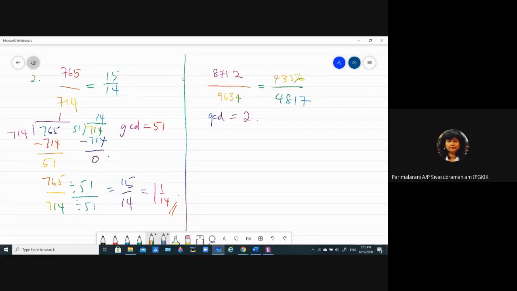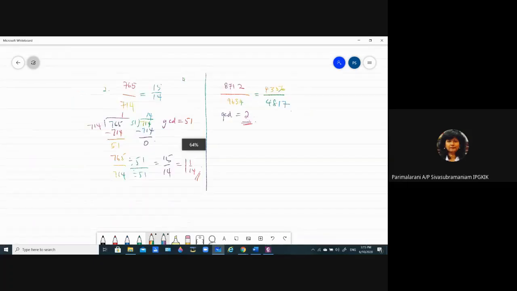So you have to go through quite a number of divisions to find the GCD, okay? When you do this, you know for sure that you have found the greatest common factor, and that this one cannot be reduced anymore. So this is a very good method. The Euclidean algorithm is a very good method to reduce any fraction, okay?